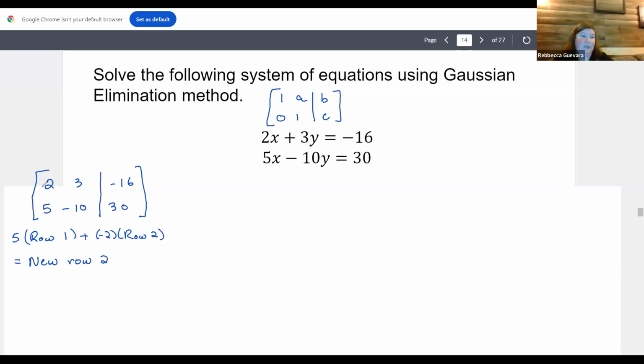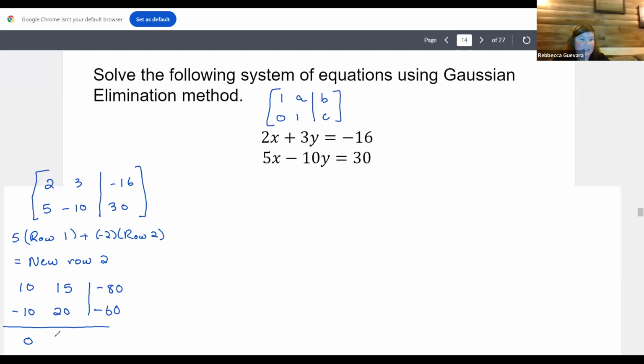So if I do that, multiply row 1 by 5, I'm going to have 10, 15, and 5 times -16 is going to be -80. If I multiply row 2 by -2, I get -10, 20, and -60. So if I add those together, we get 0 here.